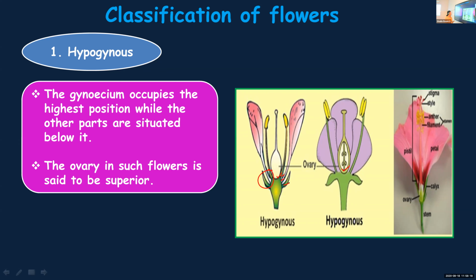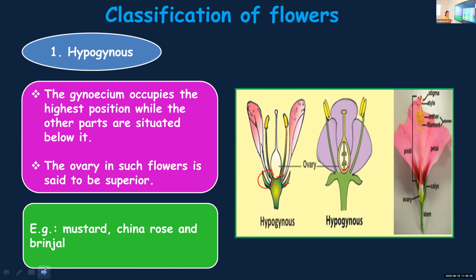So in such a flower, it's having superior ovary because it is positioned above all the other floral appendages. There are 4 whorls. Out of that, ovary occupies the topmost position. Example, mustard, China rose, brinjal, all these flowers of all these plants, they come under hypogynous flowers.